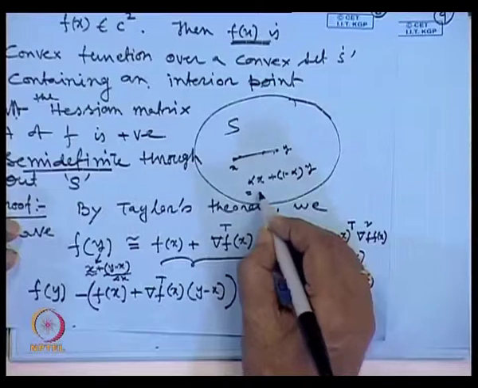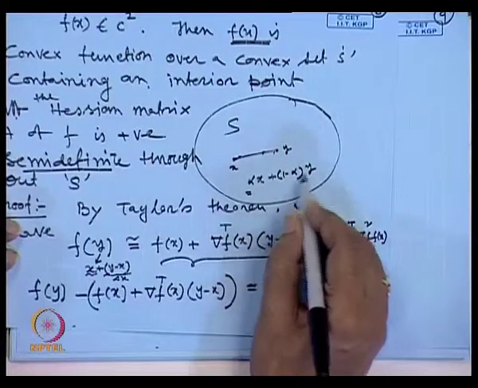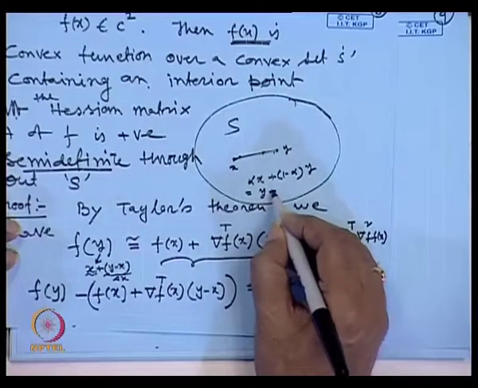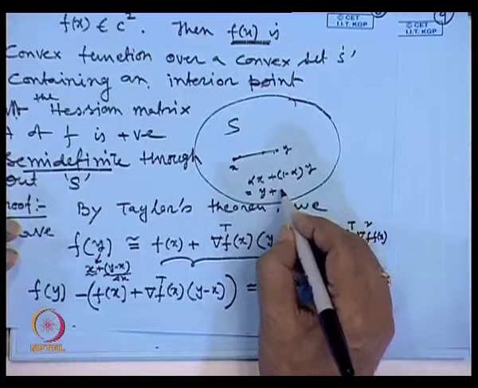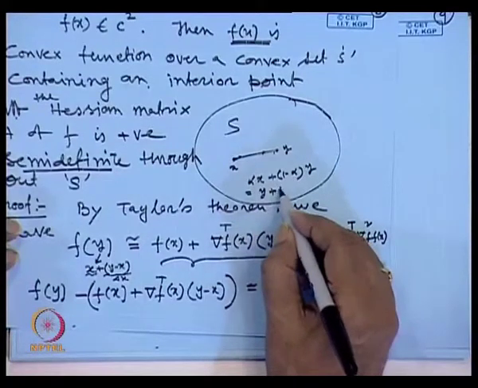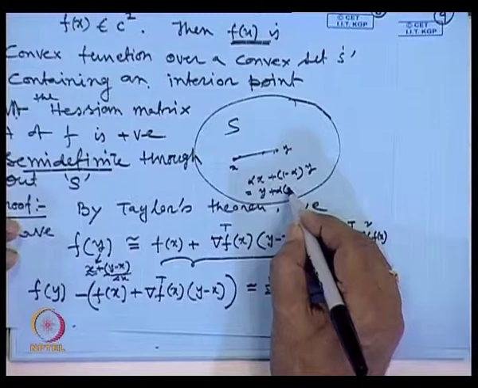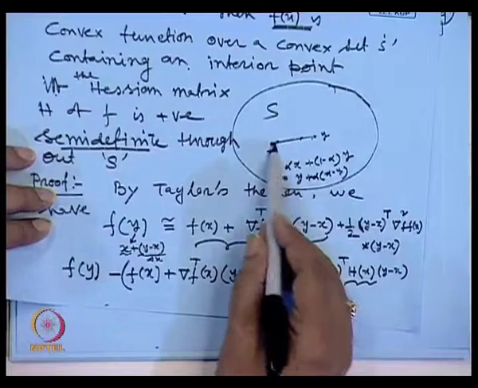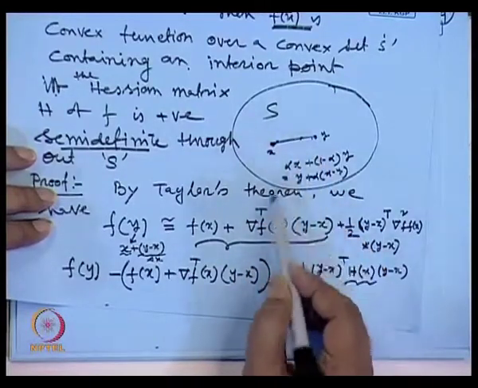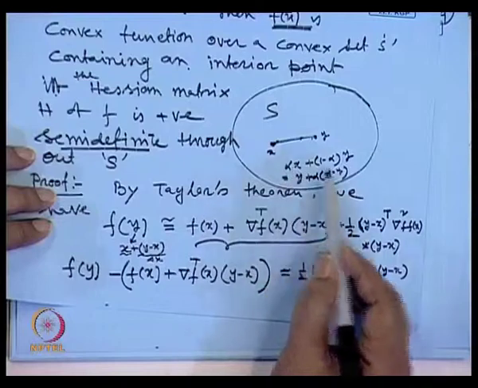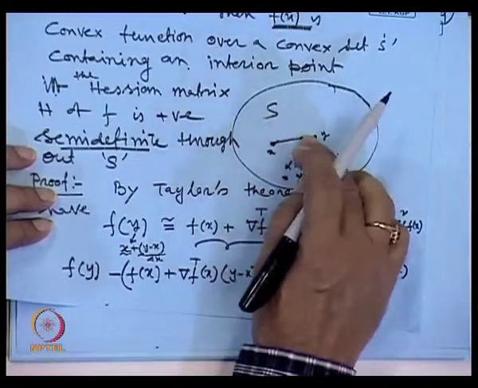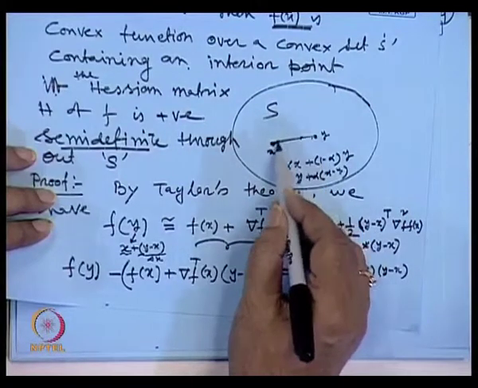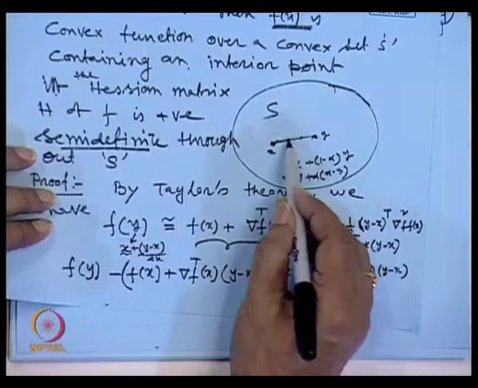So I can write this alpha into x minus y. Just see, x is this point, y is this point, I multiplied by some positive component alpha. Since these 2 points belong to that set S, any point joining these 2 points, this chord, any point on this line belongs to that set.